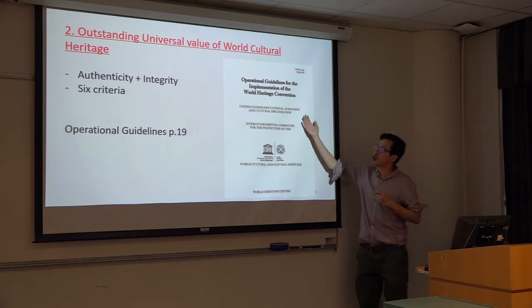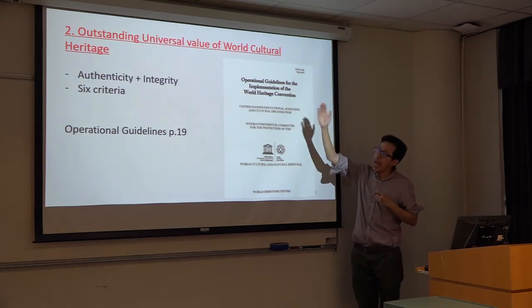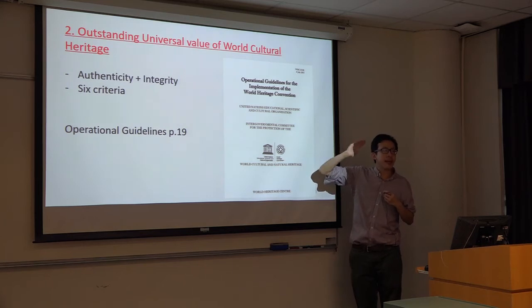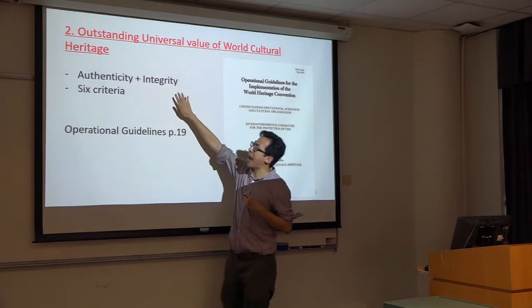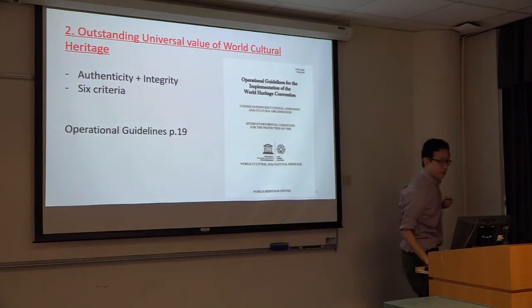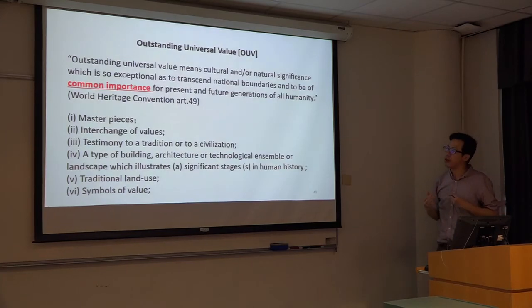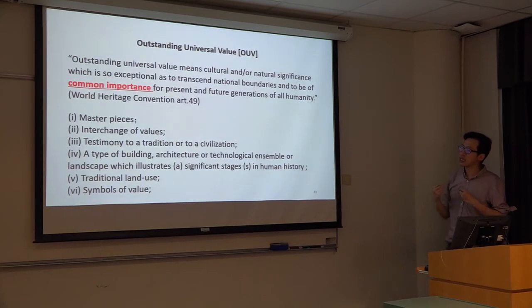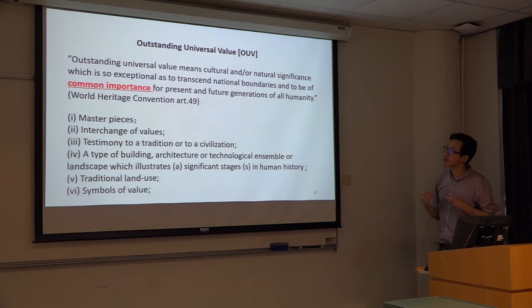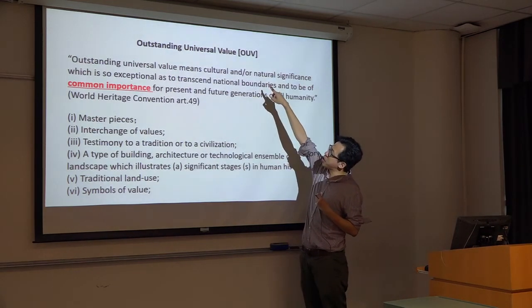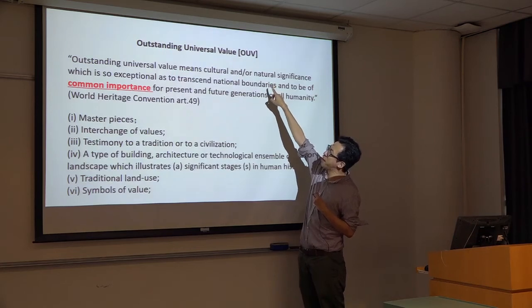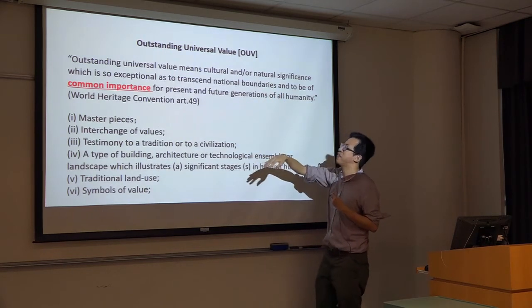But in the official document, this term has some specific criteria, and these criteria are related to authenticity and integrity. These criteria, in general, include 6 different parts. From now on, I'm going to use the initial term OUV to represent the whole term outstanding universal value.